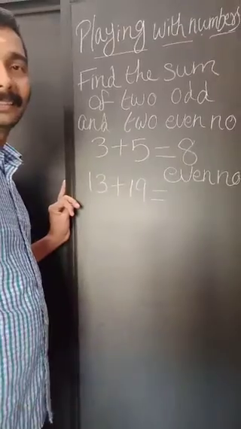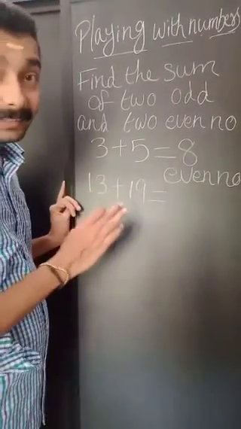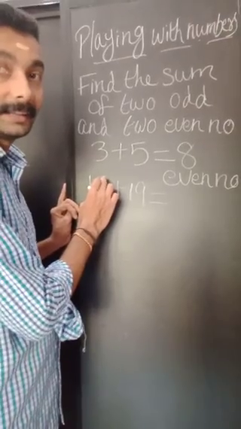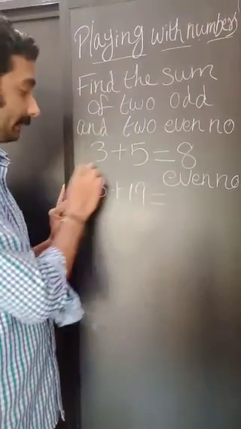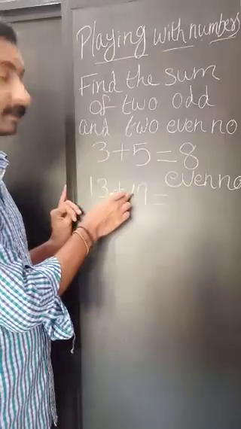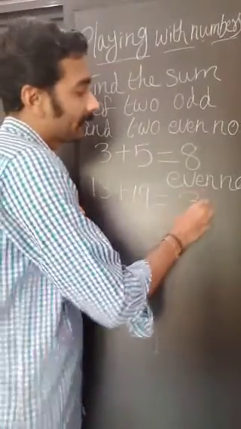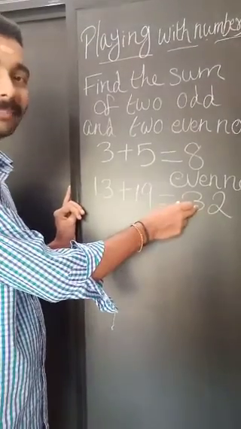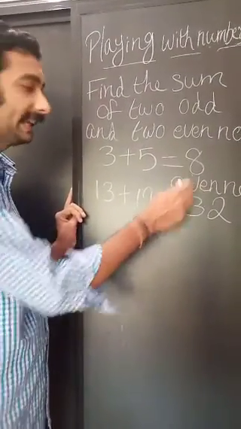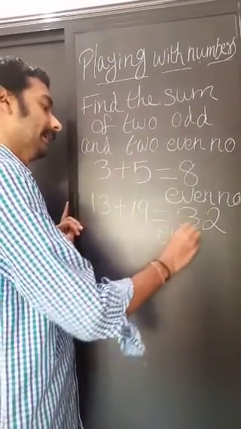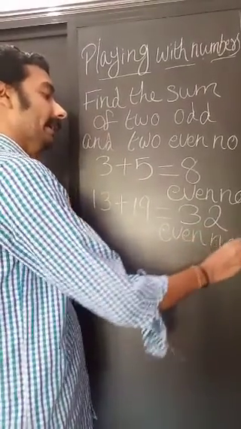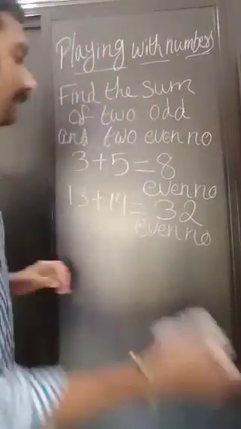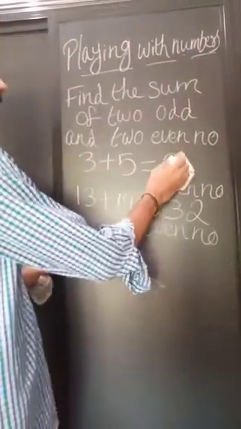The result is 32. That means 32 is an even number. Clear?